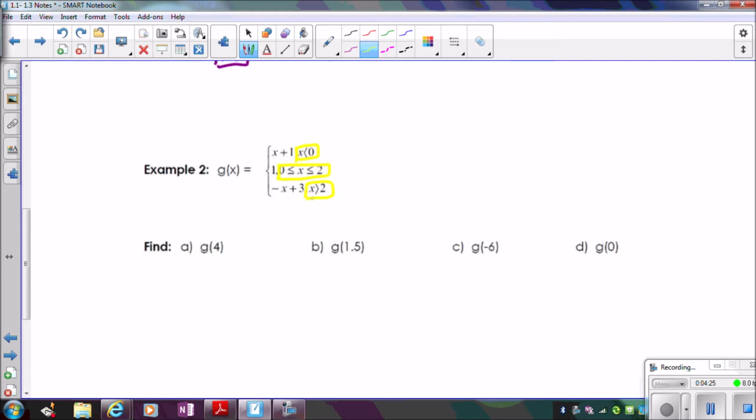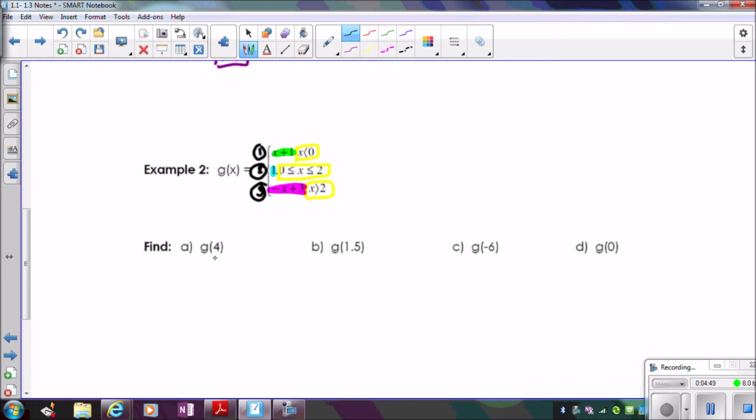Those are our 3 conditions. Here are our formulas: x plus 1, 1, and -x plus 3. So those are our 3 parts, part 1, part 2, and part 3.